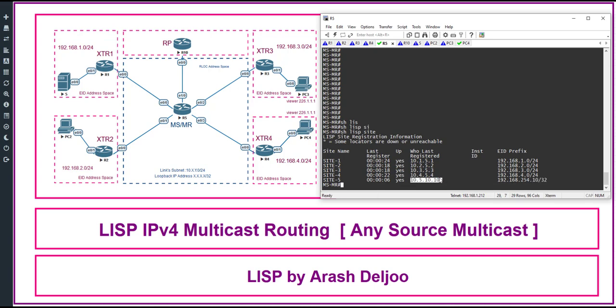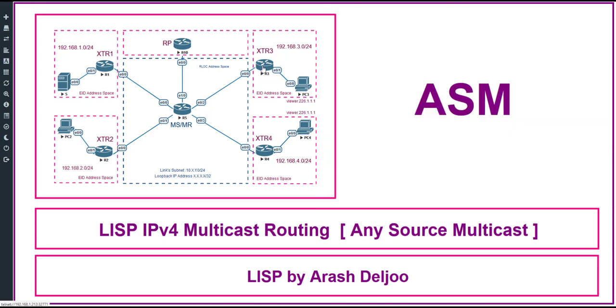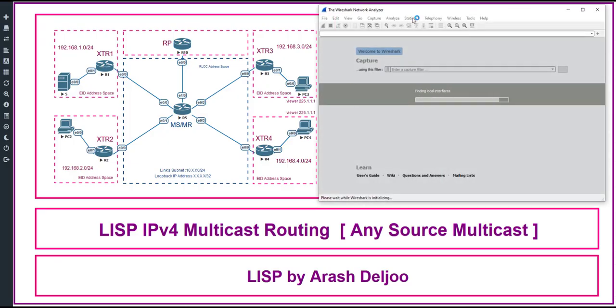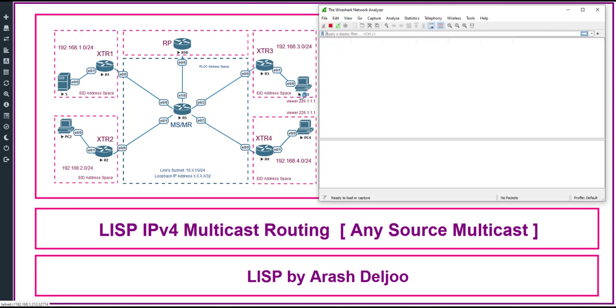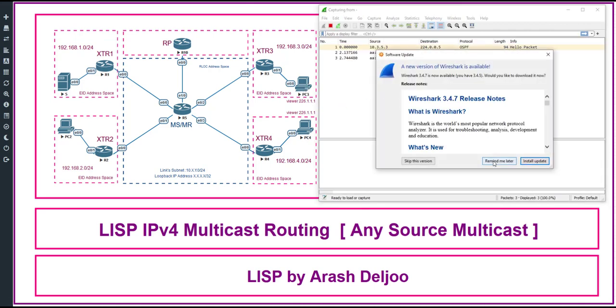If you want to see the process, you can capture one of the links, for example the link between the R1 and R5, and also we can capture the link between the R3 and R5. Let me first capture the link between router 3 and router 5. This is the capture of the ETH00, and after that I'm going to join the PC3 to the 226.1.1.1 group.